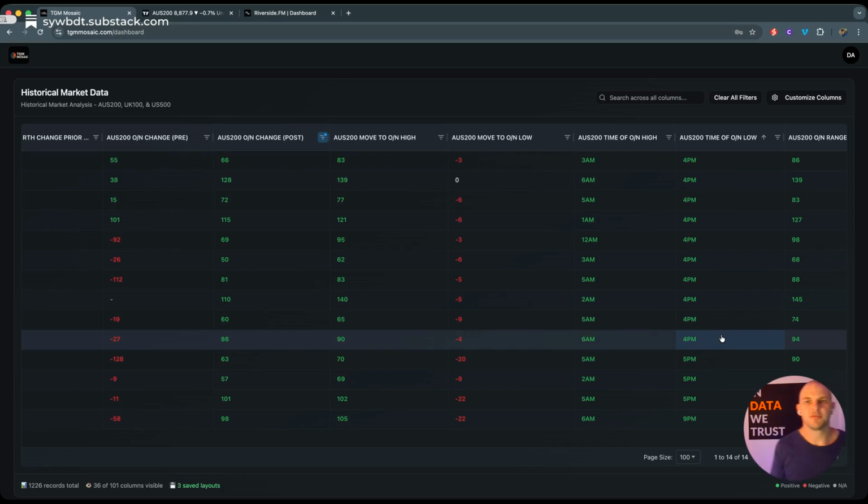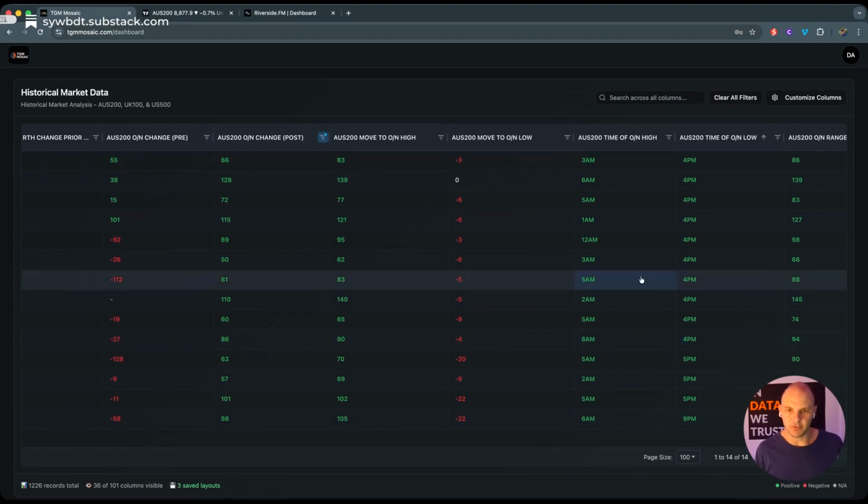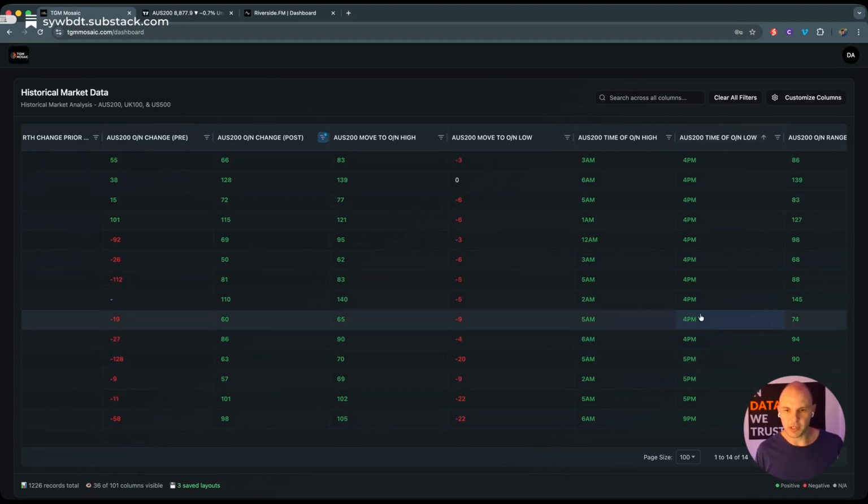So in terms of putting that into an actionable strategy, if I was full-headed strong that we were going to rally 100 points overnight, and I think the market's going to go nuts, any break of these lows, that first 2 hour low, would really get me double checking myself and having a rethink.